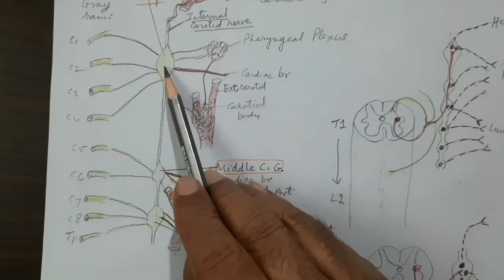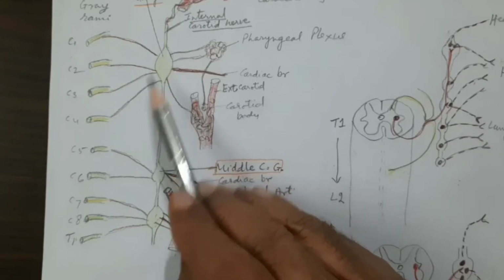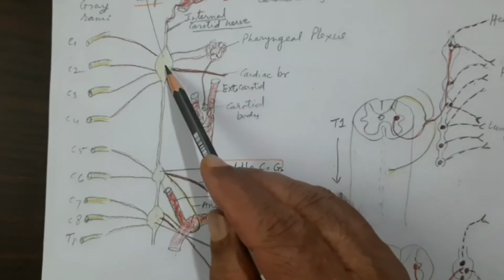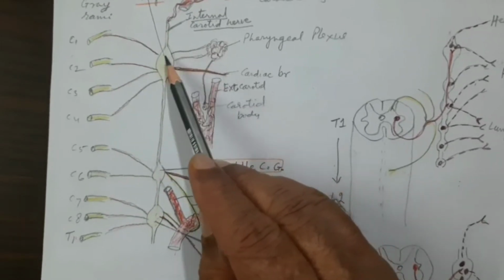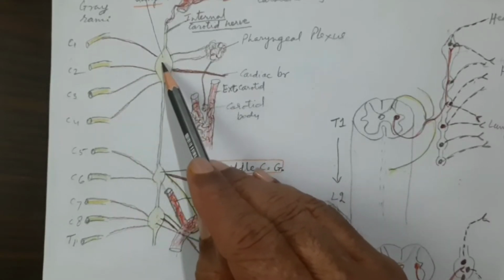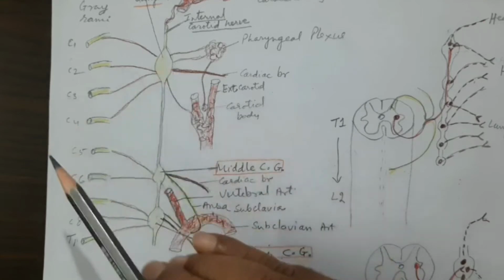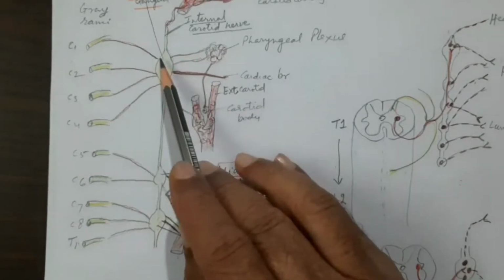That means the hundreds and thousands of neurons situated in this ganglion send their axons as the postganglionic fibers. These neurons first synapse with the axons of the preganglionic neurons located in the spinal cord.